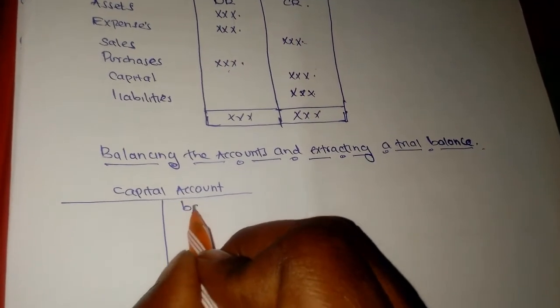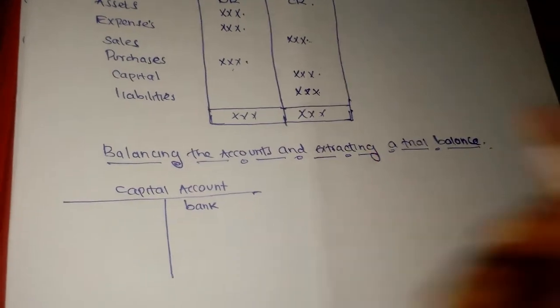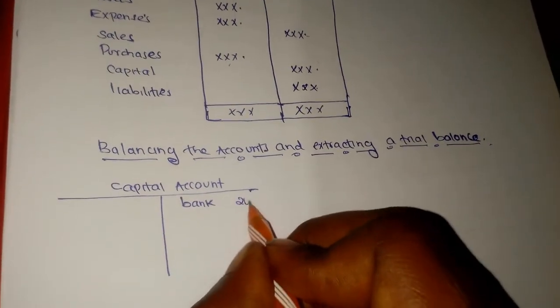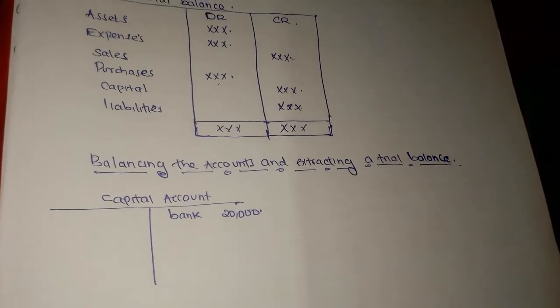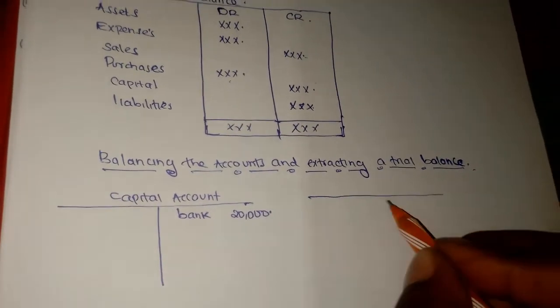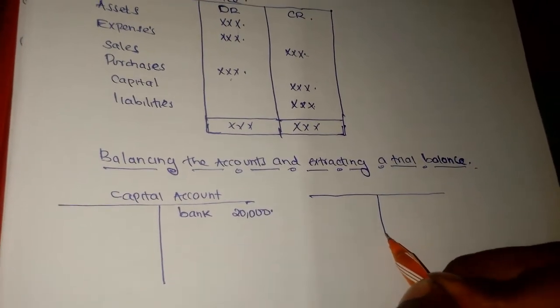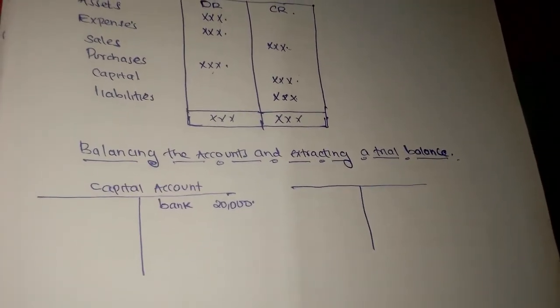So he started with bank. On the credit side we say bank, because he started with a cheque of 20,000. Then another account is the bank account, because he deposited that amount, meaning what? It increases the balance in the bank account.